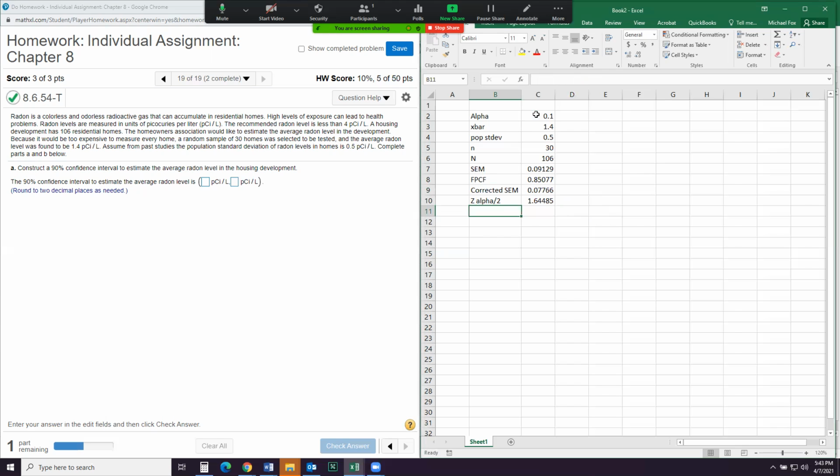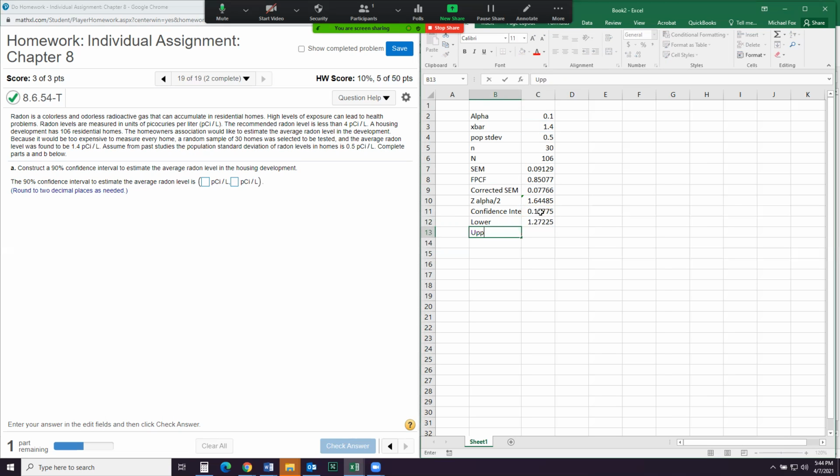So now I can calculate my confidence interval, which is just going to be my corrected standard error of the mean times the z-score of my alpha divided by 2. Then once I know my confidence interval, I can do the lower range of my confidence interval, which is just going to be my mean, or x bar, minus the confidence interval.